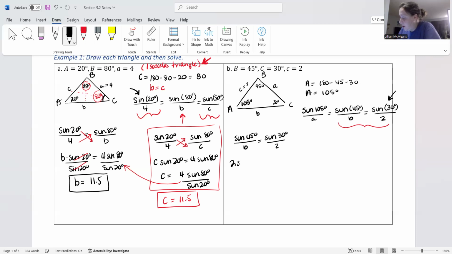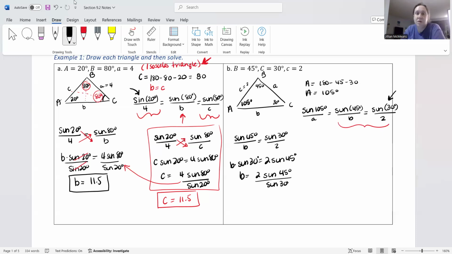I like to put my b on the left, so we get b times sine of 30 equals 2 times sine of 45. Remember, sine of 30 is just a number, so I want to divide both sides by sine of 30. That tells me that b is equal to 2 times sine of 45 degrees all over sine of 30 degrees.